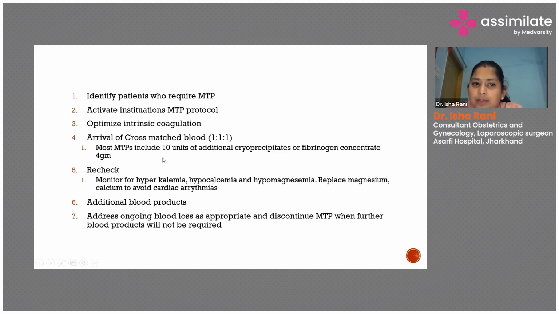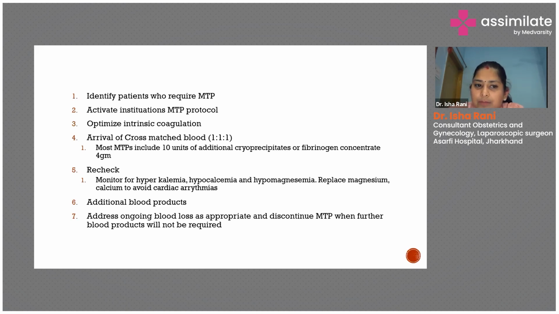And in certain conditions, 10 units of additional cryoprecipitate or fibrinogen concentrates might also be kept reserved for such patients.